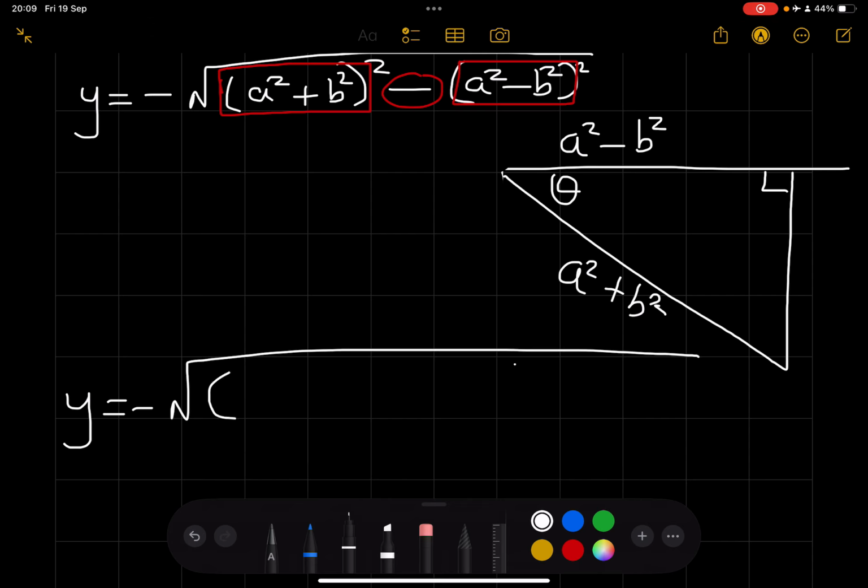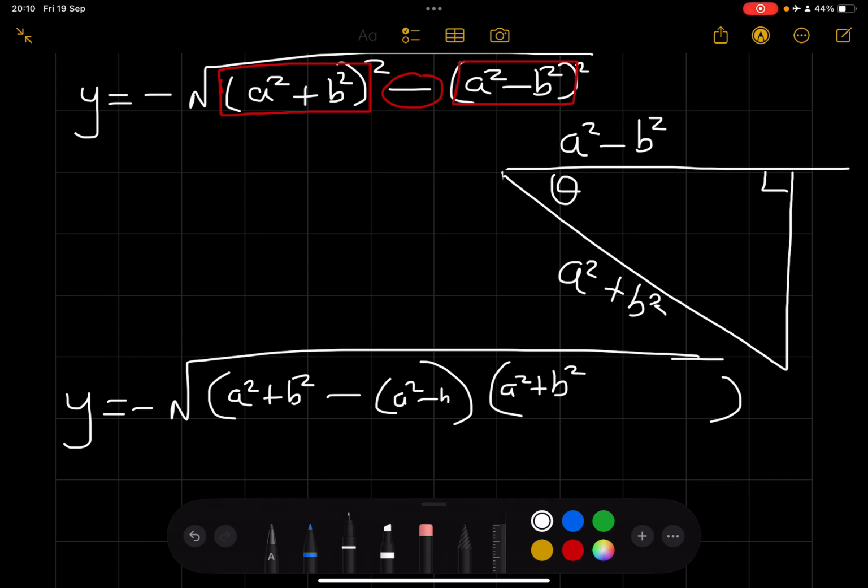remember, if I do difference of 2 squares, I have to open 2 brackets. So it's going to be (a squared plus b squared) and another (a squared plus b squared), then we're going to subtract (a squared minus b squared). I'm sure you can see it, ladies and gents.